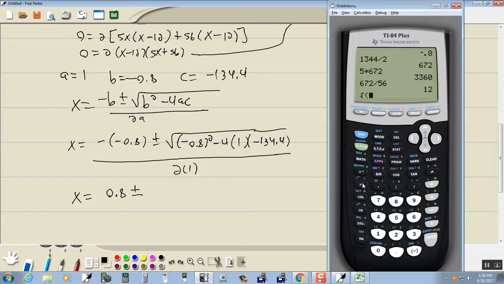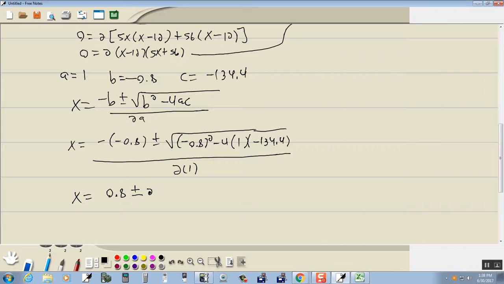First thing you might want to try in a problem like this is just plug in the entire square root and see if it comes out nice. So I got negative 0.8 squared minus 4, I don't need to put the 1 in there, times negative 134.4, and that gives us 23.2 over 2. Then you can split this up into a plus version and a minus version.